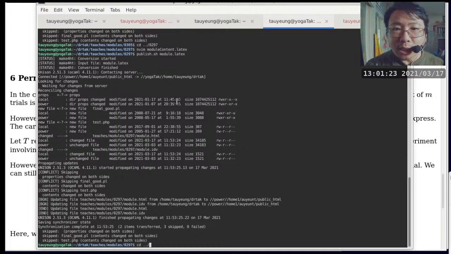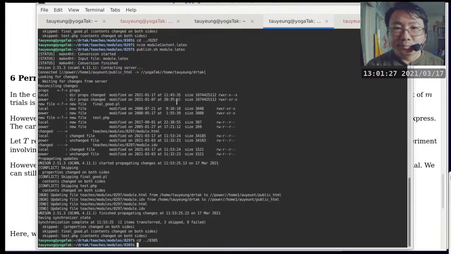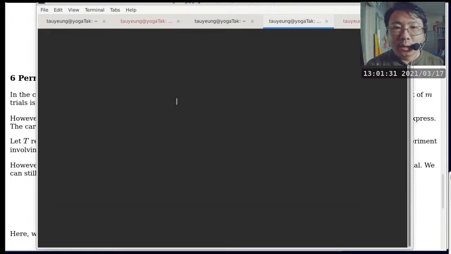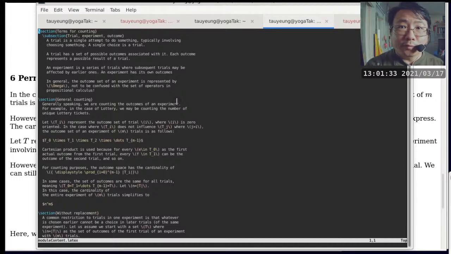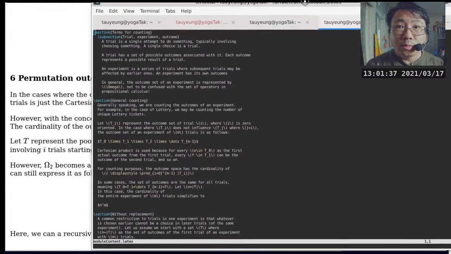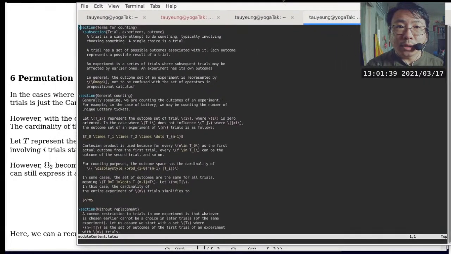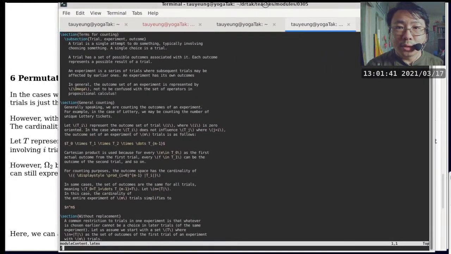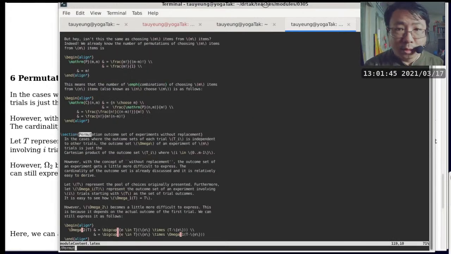So let's go back to 00305, and I'm changing my note on the fly, and this is about permutation outcome. So we'll look for those words. There we go.